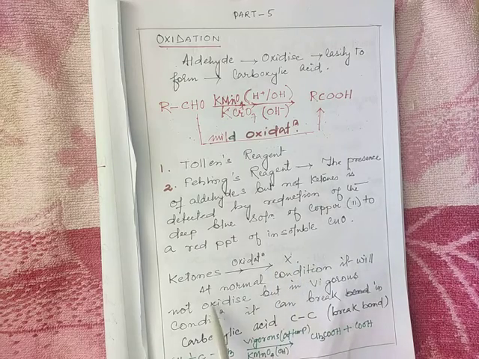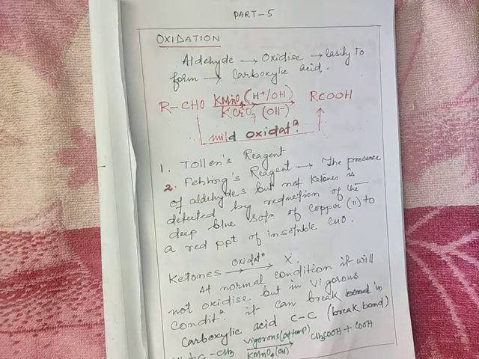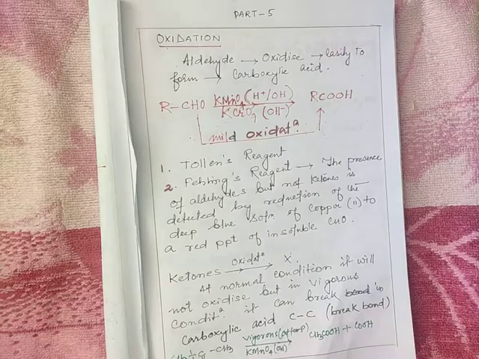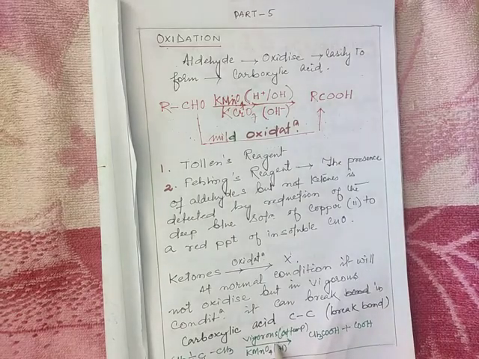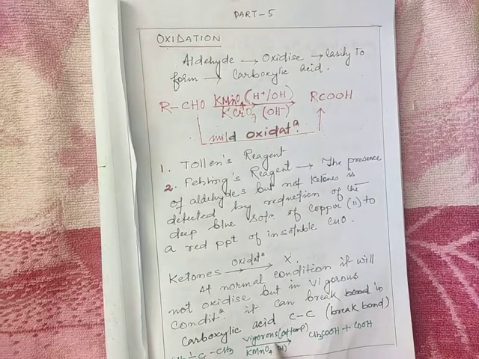Now here, at normal conditions it will not oxidize. Under the normal condition it will not be oxidized, but in vigorous conditions it can break the carbon to carbon bond in carboxylic acids.